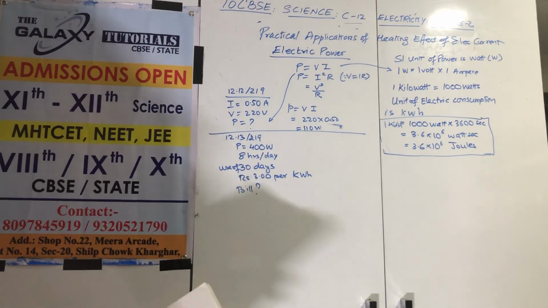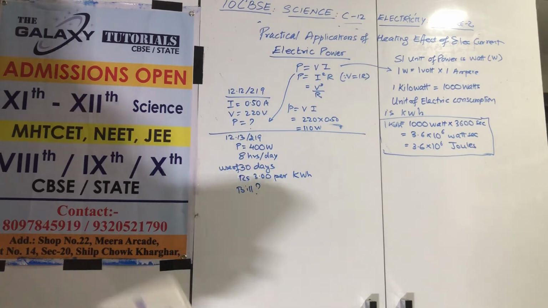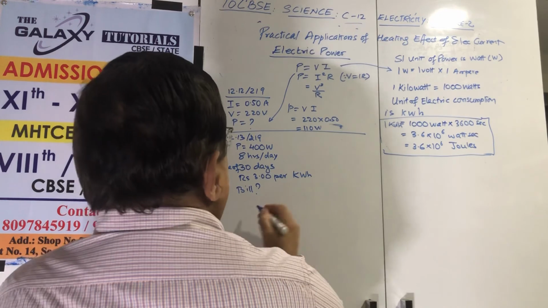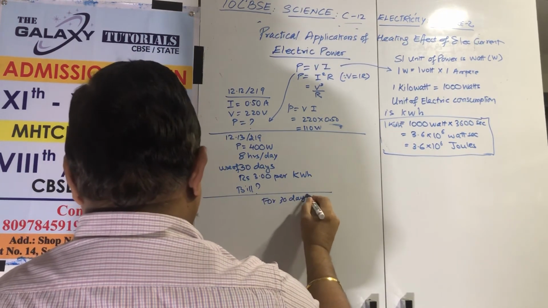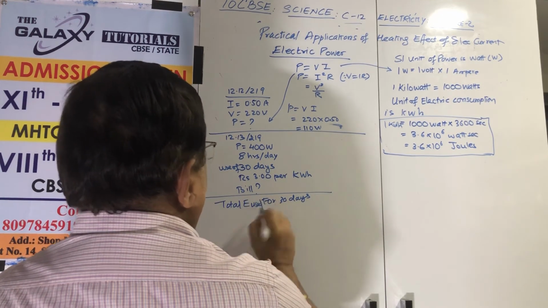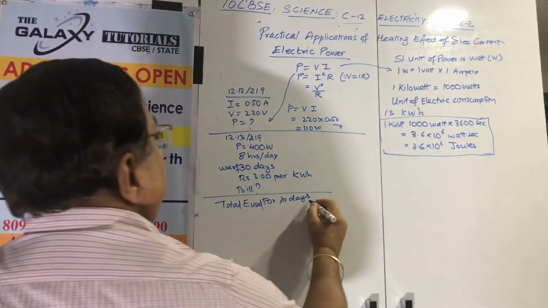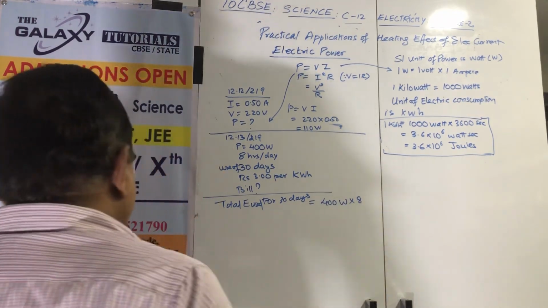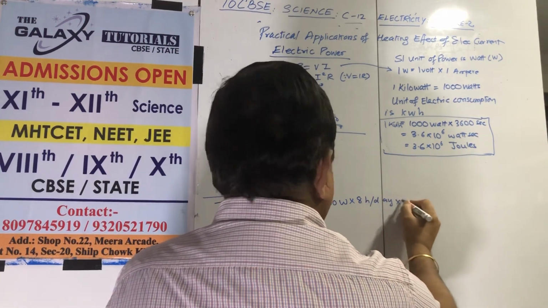Okay. First, you have to consume total. Your bill comes for the entire month. It doesn't come daily or half a day when you use. So we have to calculate it for a period. So for 30 days, total energy used for 30 days is 400 watt into 8 hours per day into 30 days.